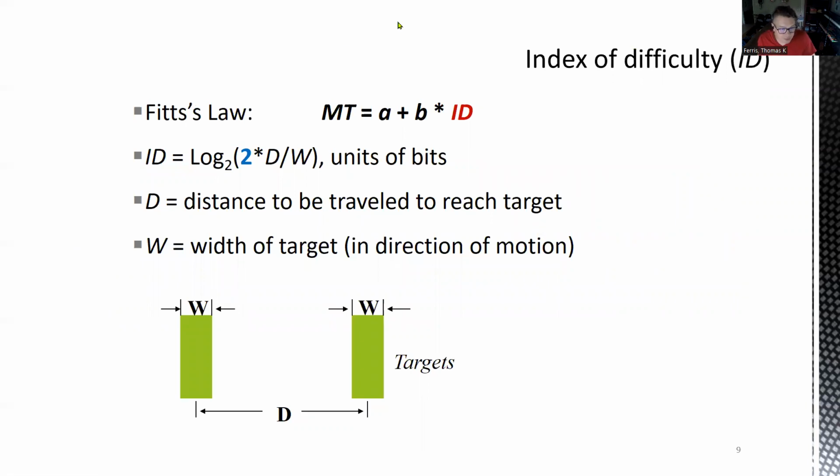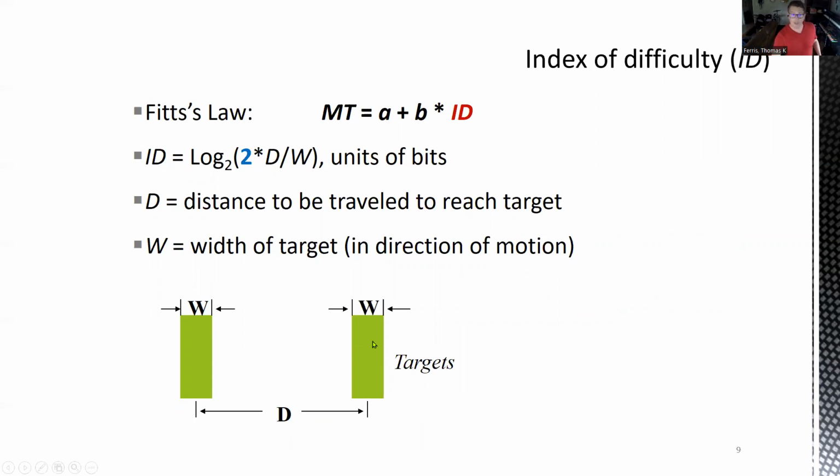So again, index of difficulty, ID. This is calculated by recognizing that this is an easier movement if you don't move as far. So D is our distance between targets. And if the target is larger in size, so I don't have to be as precise in my movements, that'd be W. W is the width of our target in the direction of motion, right?